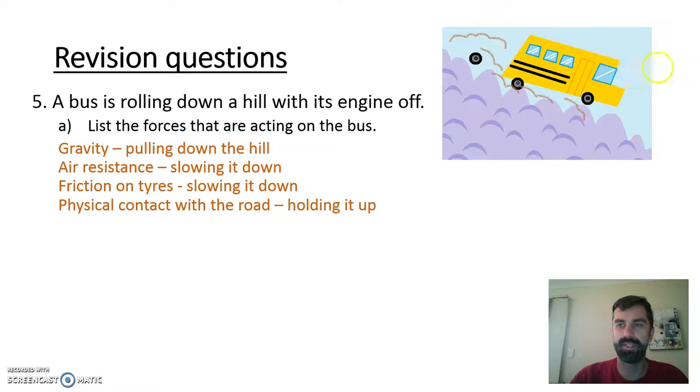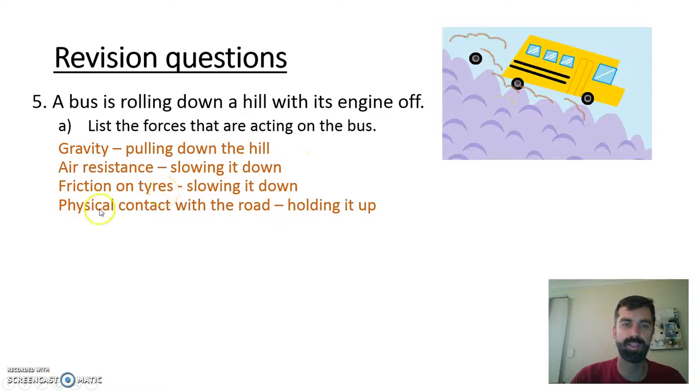There's some air resistance at the front of the bus, which is slowing it down. There's some friction on the tires, which in this case is slowing it down. If the bus was using its engine, then that friction would be speeding it up. But because it's not using its engine, that friction will be slowing it down.